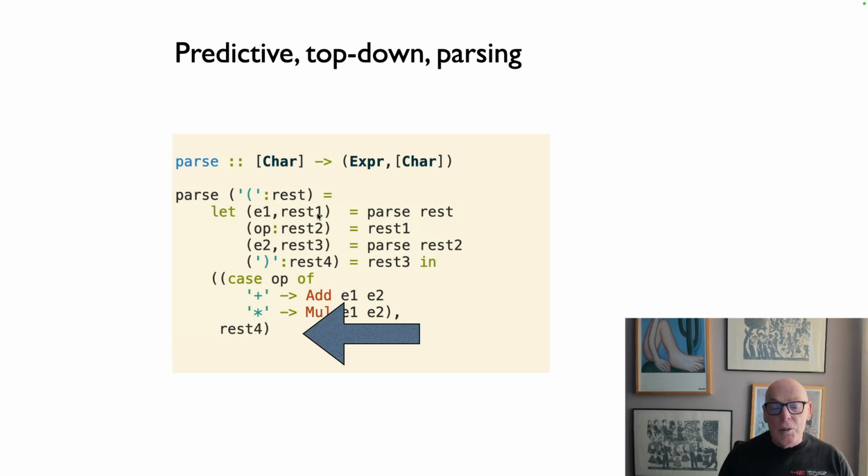In fact, we could have used a where clause, but it's more straightforward here to use a let. And also the pattern matches in the let follow the sequence of the pattern matching against the string. So we first find a parenthesis, then we find an expression, then an operator, then an expression, and then a closing parenthesis. And those follow the structure we're looking for. Okay.